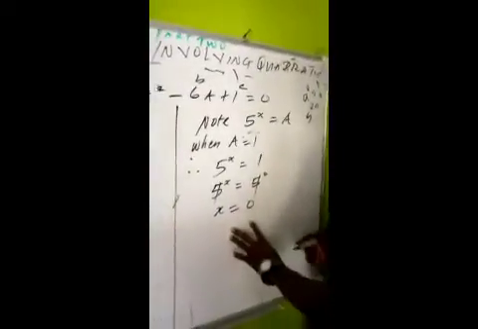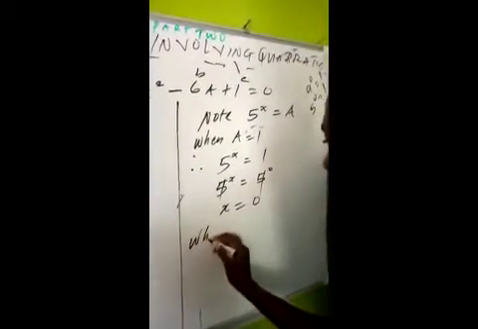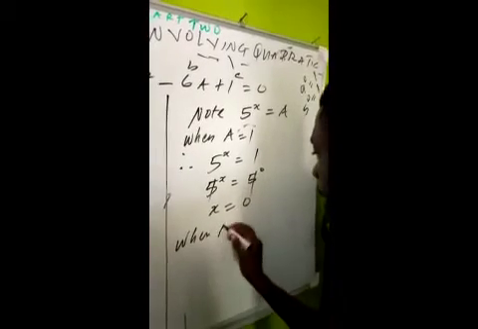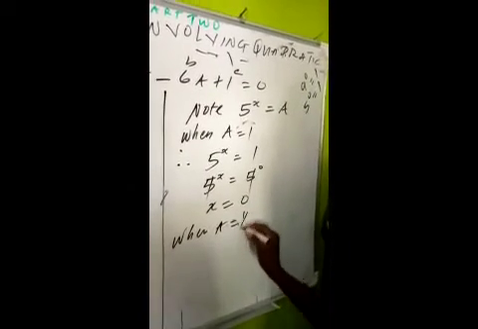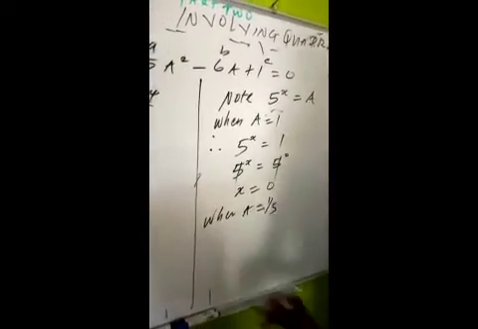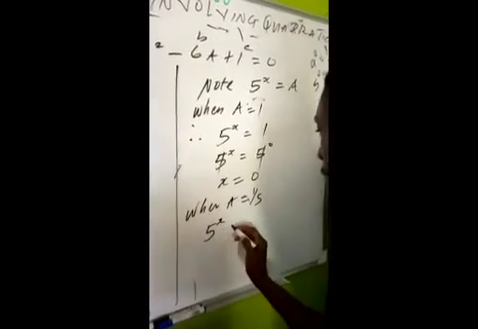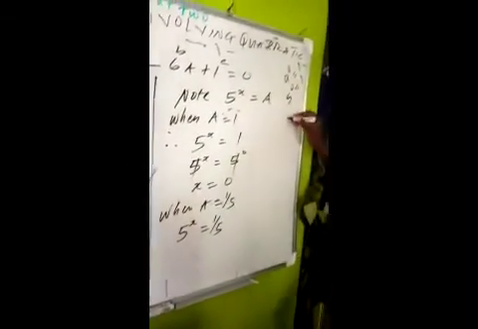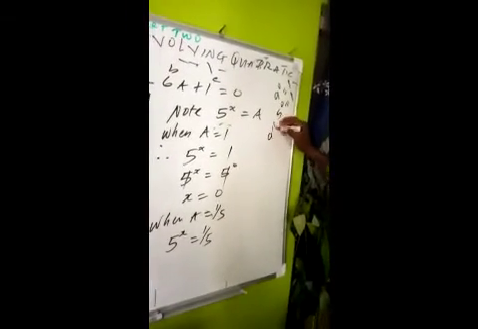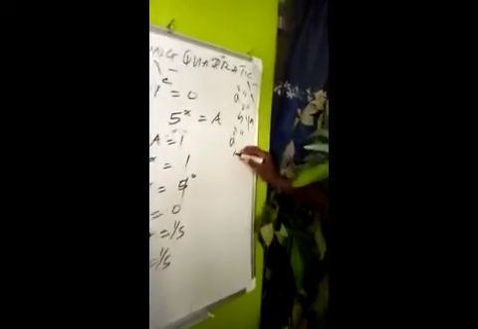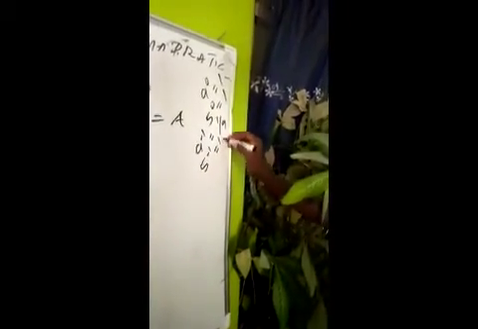Then next one now, you say when A is 1 over 5, then you have 5 to the S equals 1 over 5. You remember our rules now. When I have A inverse, it is the same thing as 1 over A. The same way when I have 5 inverse, it is the same thing as 1 over 5.